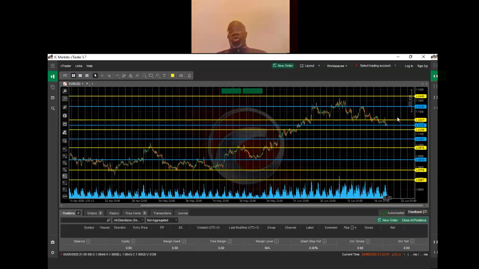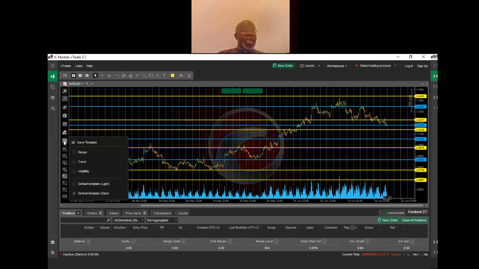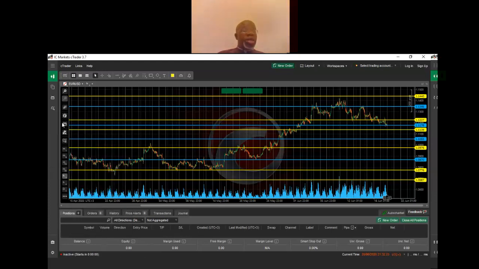So you use support and resistance, but then you also add an indicator. We haven't talked about indicators so far, but there's what we call a moving average. Here you go.